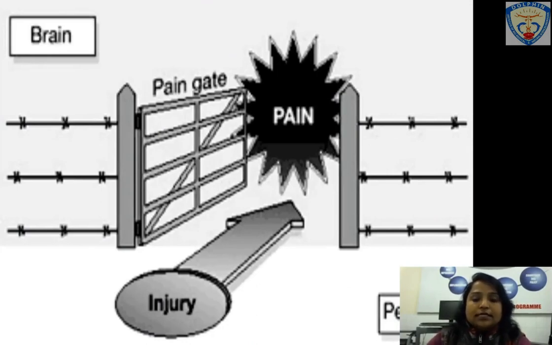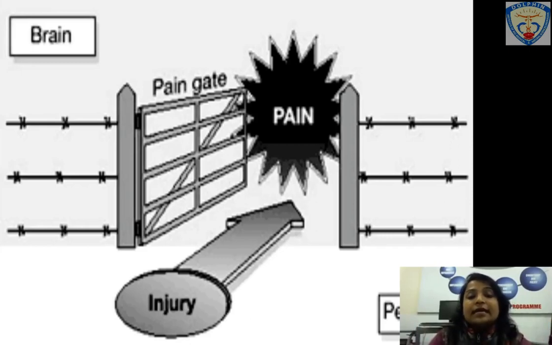It was explained in a very simple way: there is a gate which is called the pain gate, and if we keep this gate open, the painful stimulus will enter via this gate and reach the higher centers of the brain, and the pain stimulus will be felt by the patient and the intensity will be normal. You cannot say that pain intensity will be very high or increased, but it will be normal. जो हमें पेन हो रहा है वही पेन पेशेंट परसीव करेगा.